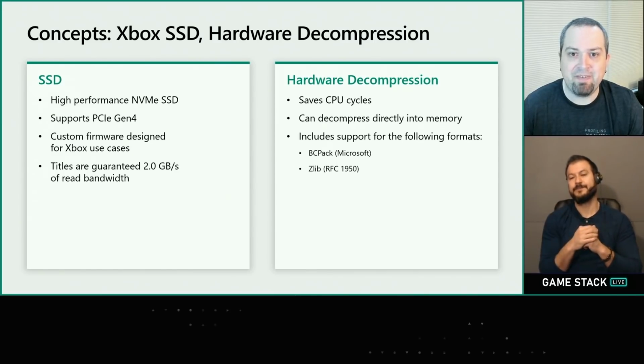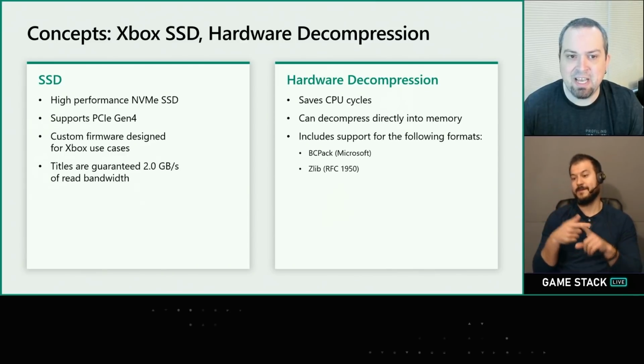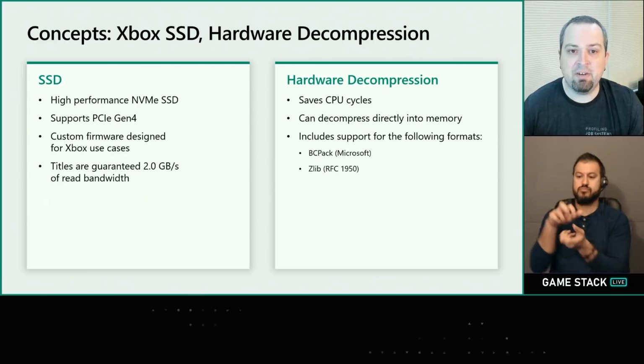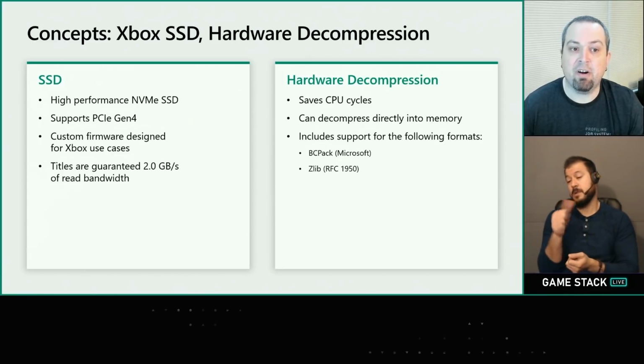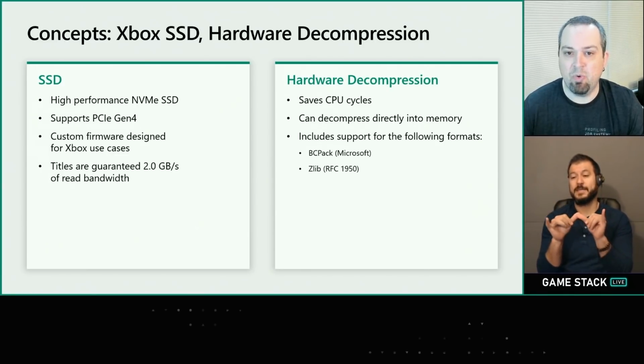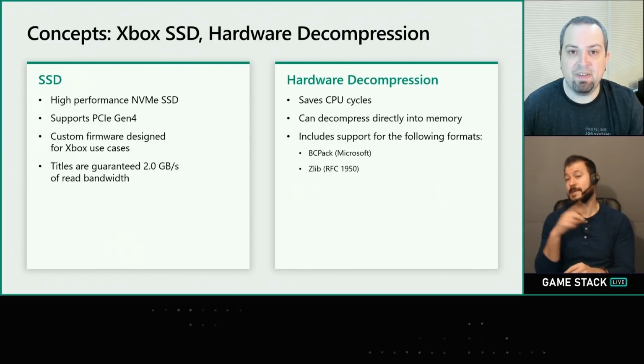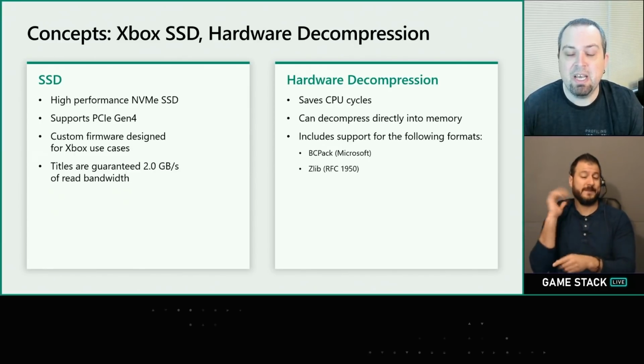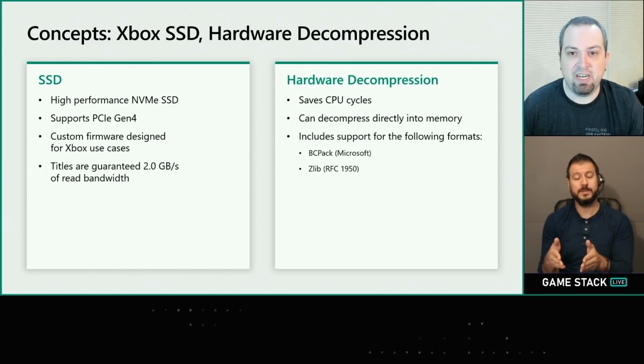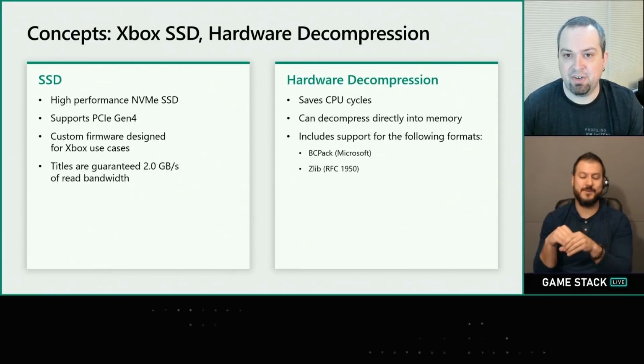Now, 2 gigabytes of data coming off the SSD is nice, but that data is generally compressed. Another feature of the Xbox Velocity architecture is native hardware decompression. While we did have hardware decompression in previous generations of consoles, the hardware decompression that is enabled within the Xbox series of consoles is integrated directly into the processor.